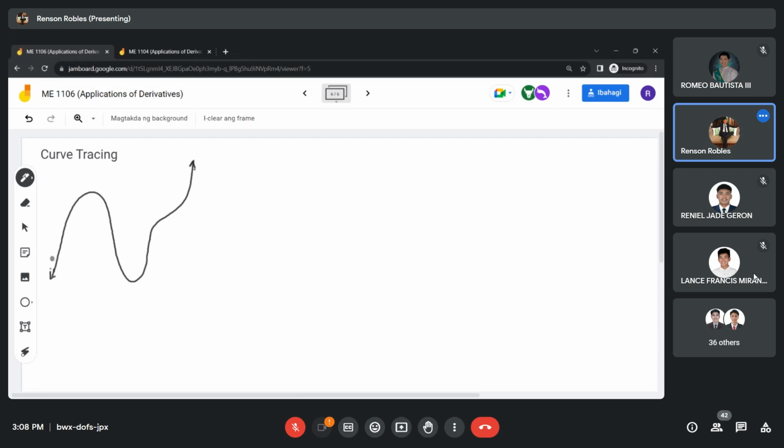Then let me say this is point A, this one is point B, point C, point D, point E, and point F. And then you can see that the function y equals f of x increases from A to B, then from B to C, f of x is decreasing, and from C to D, it keeps on decreasing.